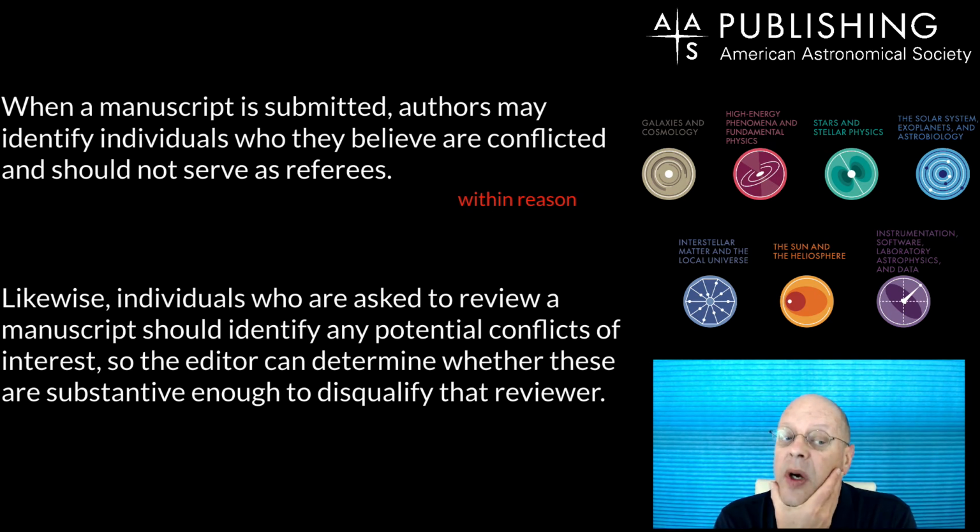So conversely, when a manuscript is submitted, authors can identify individuals who they believe are conflicted and should not serve as referees, within reason, right? There certainly have been cases where people will take this and they will list off 15 to 20 people, okay?